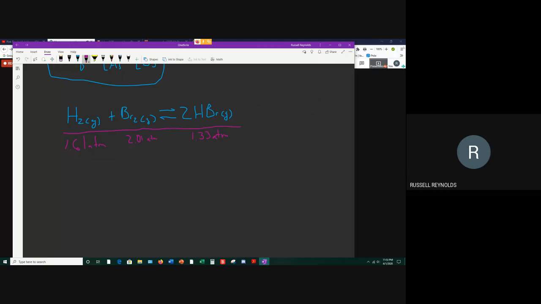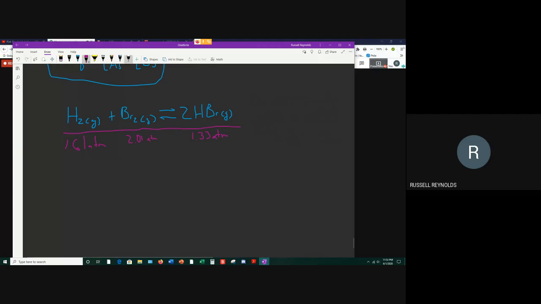So what these numbers mean is that, let's say we measured at equilibrium, hydrogen gas has 1.61 atmospheres of partial pressure, bromine gas has 2.01 atmospheres of partial pressure, and hydrobromic acid has 1.33 atmospheres of partial pressure.